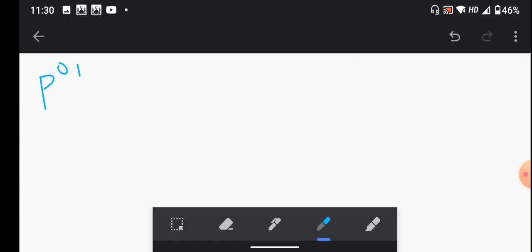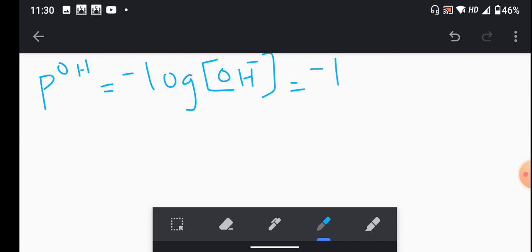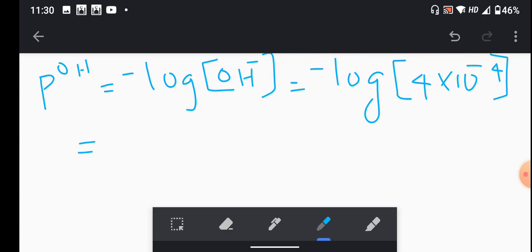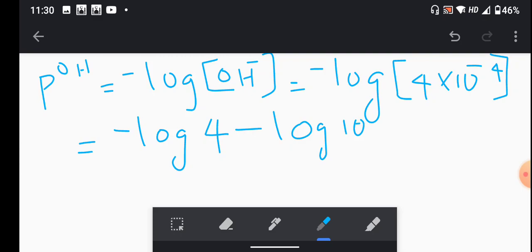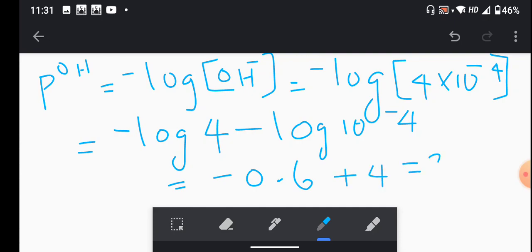So pOH equals minus log concentration of OH minus, which is equal to minus log 4 into 10 to the power minus 4, which equals minus log 4 minus log 10 to the power minus 4, which equals minus 0.6 plus 4, which is equal to 3.4. Here we got the pOH as 3.4.